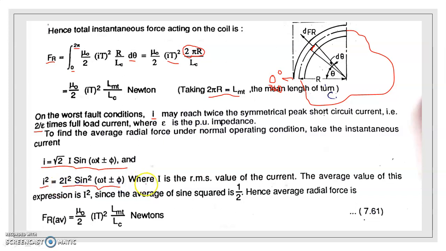Here capital I defines the RMS value of the current. Now let's calculate the overall or average radial force FR. FR is equal to mu 0 upon 2 into (I into T) bracket square, LMT upon LC, as we defined earlier.